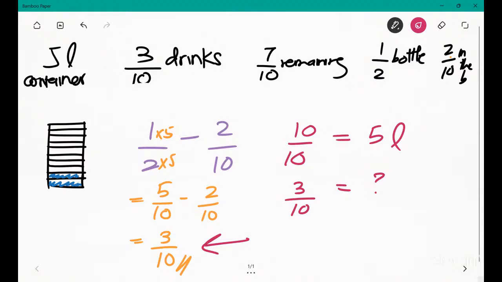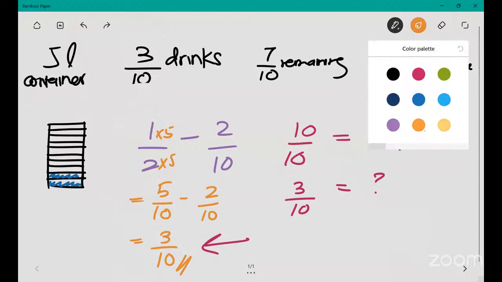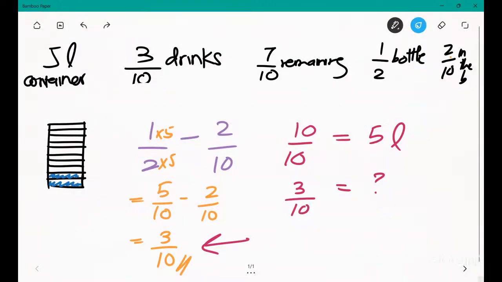That's our question. So what we have to do here is divide 5 liters by 10. How you get this answer is, you take the amount that's here and divide it by the denominator, not the numerator, by the denominator.